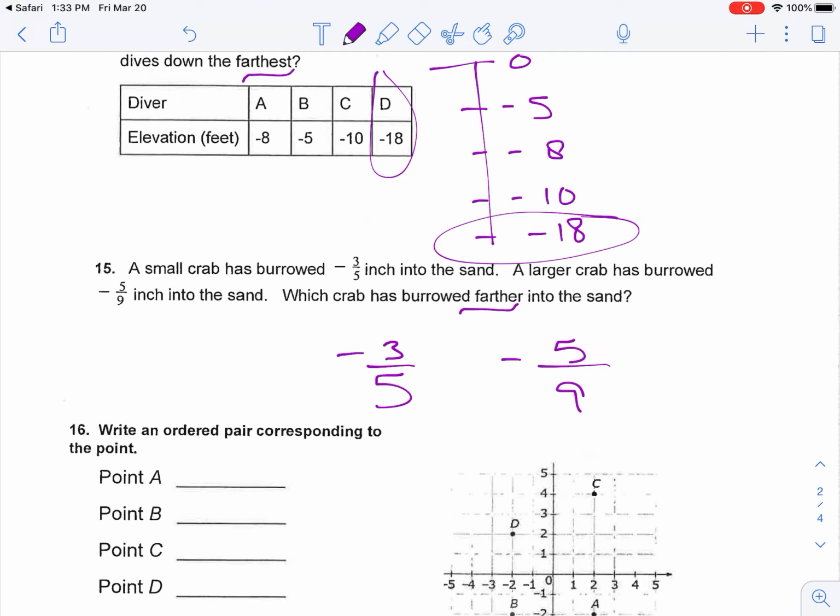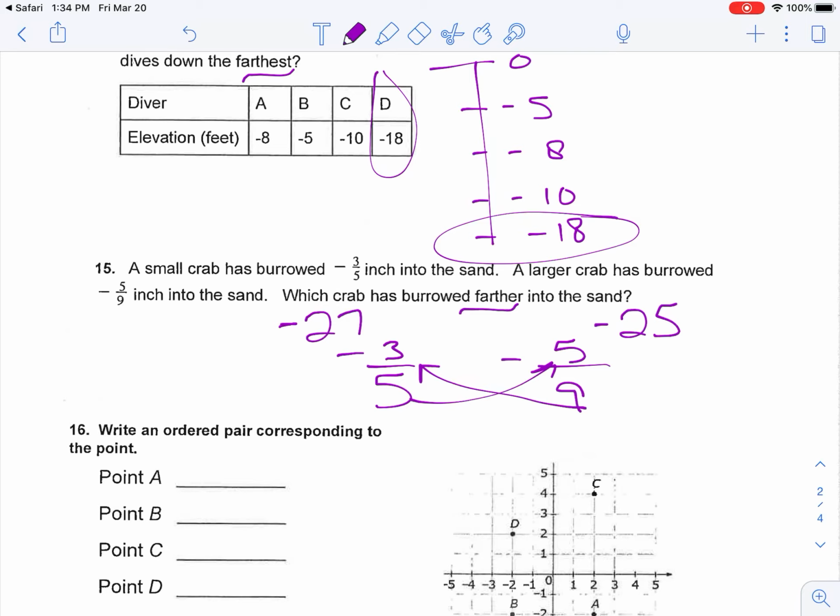Again, we can do cross products. 9 times a negative 3 is a negative 18. Going this way, 5 times a negative 5 is negative 25. Wait, 9 times 3 is not 18. I'm sorry. How about 9 times a negative 3 is a negative 27? Okay, glad I caught that.